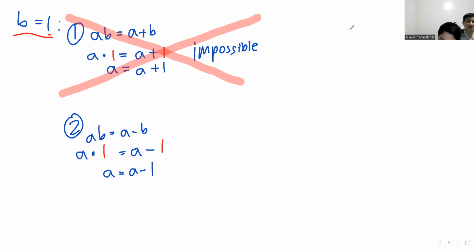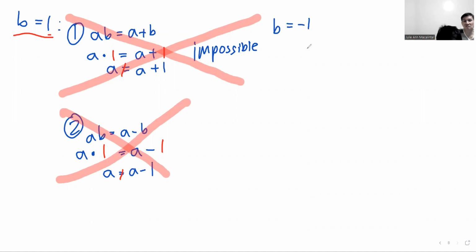A minus 1 is also a different number. A is definitely not equal. Let me put the red there. So we have another case when B is equal to negative 1.